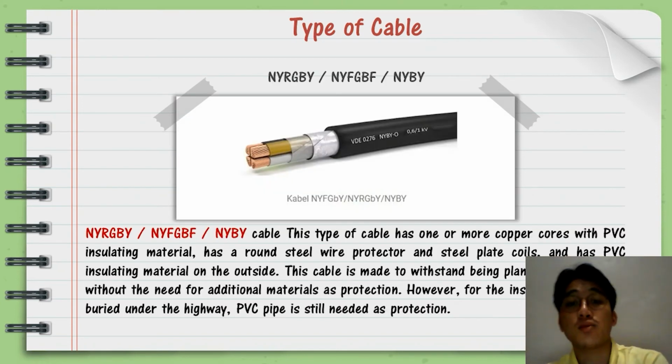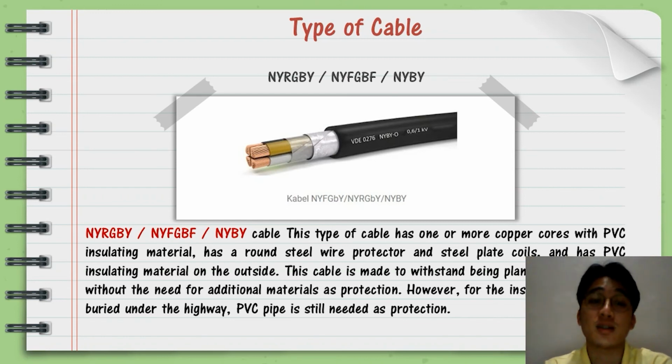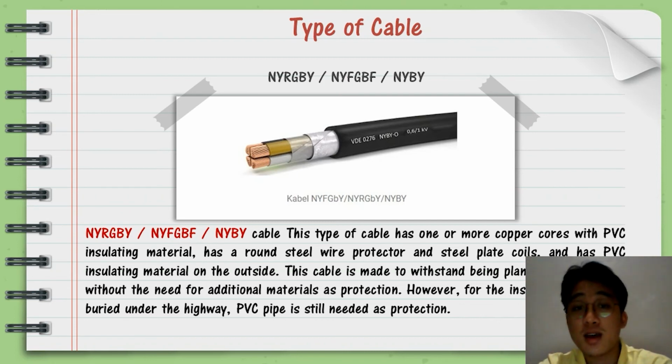And the last one is NYRGBY, or can be called NYFGBY or NYBY. This type of cable has one or more copper cores with PVC insulating material, has a round steel wire protector and steel plate coil, and has a PVC insulating material on the outside.